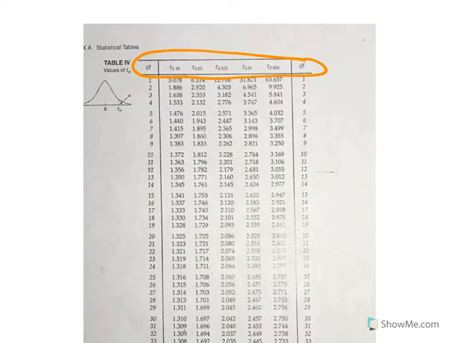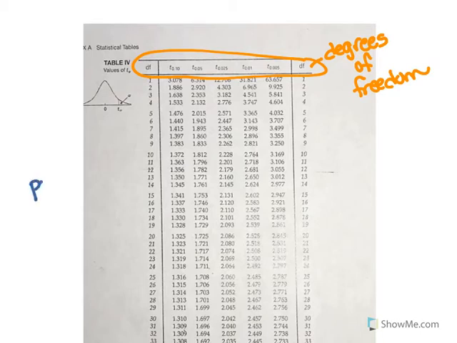So the DF column represents degrees of freedom, okay? Degrees of freedom. Now, when you're dealing with the population standard deviation unknown, meaning you don't know what the population standard deviation is, you might want to label that for this chart.